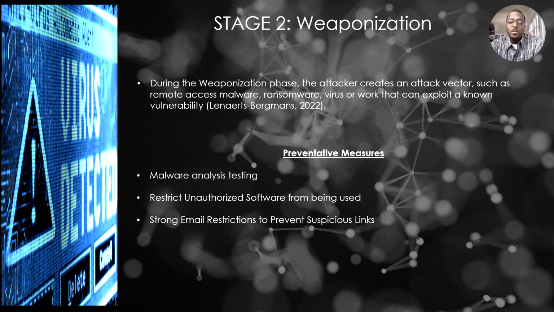Preventative measures that organizations can take include malware analysis testing. They can restrict unauthorized software from being used, as well as making sure that employees have strong email notifications and restrictions in place to prevent them from clicking on suspicious links.